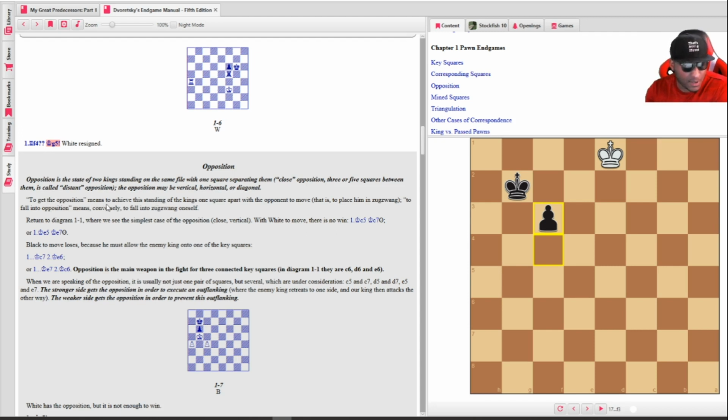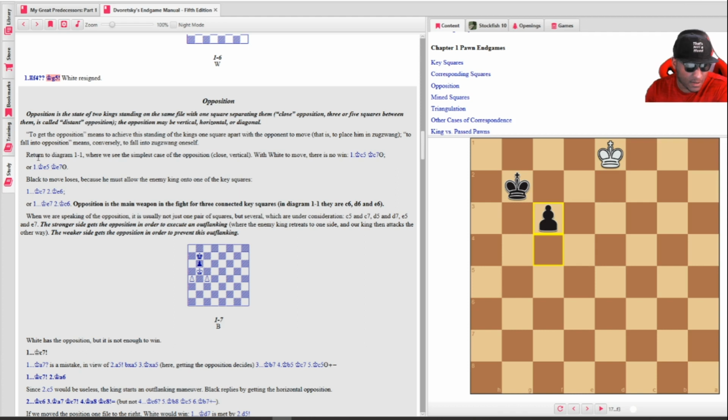That is to place him in zugzwang. To fall into opposition means, conversely, to fall into zugzwang himself. Okay. Very advanced. Then we return to diagram 1, which is where?